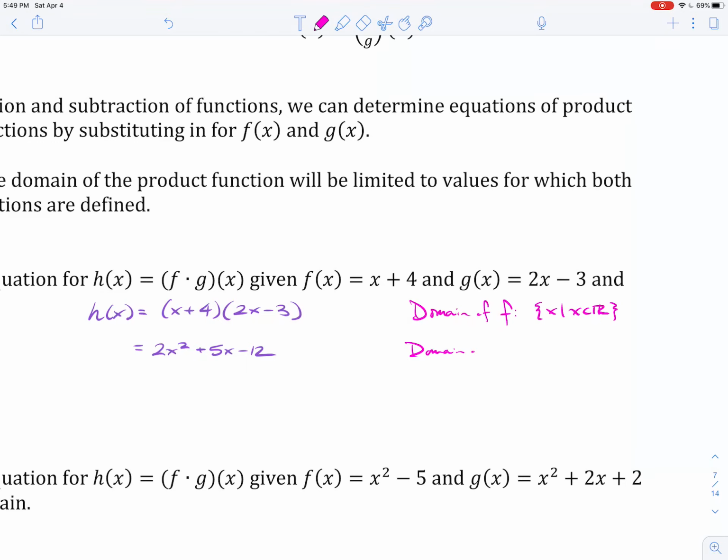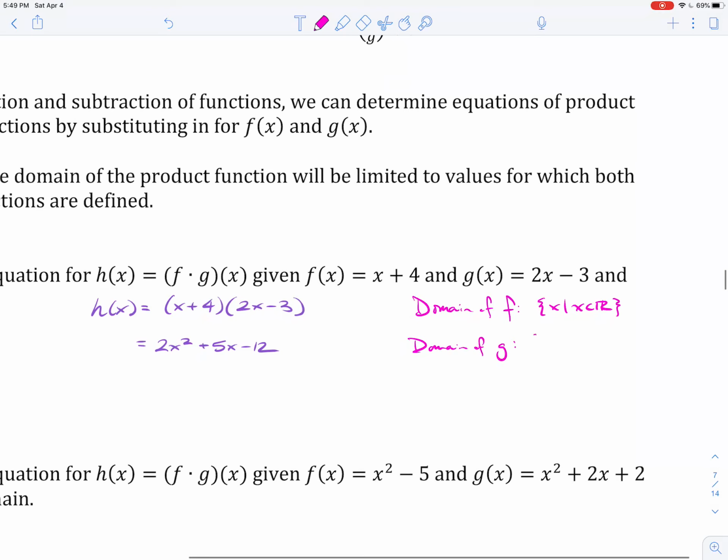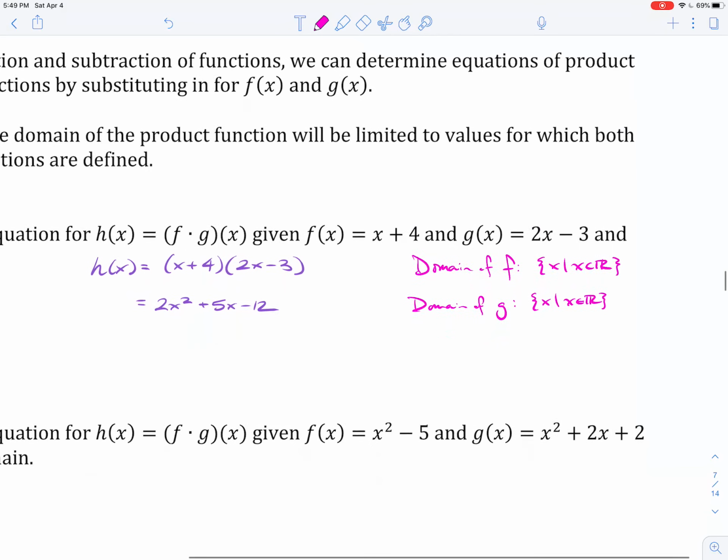And the domain of g, also a linear function, also all reals. So if f and g both exist everywhere, then their product must also exist everywhere.